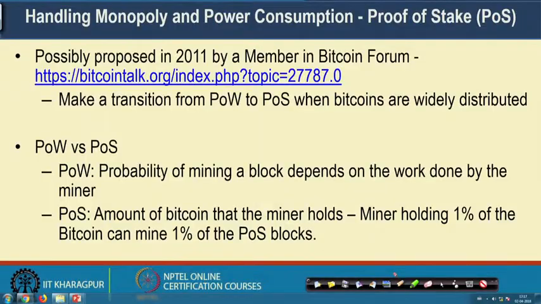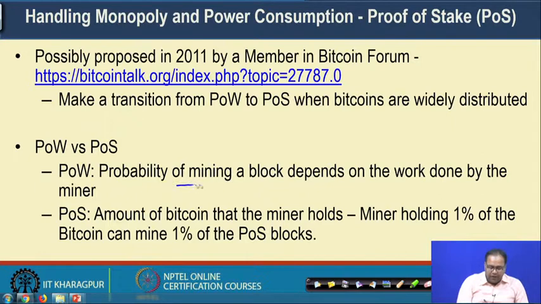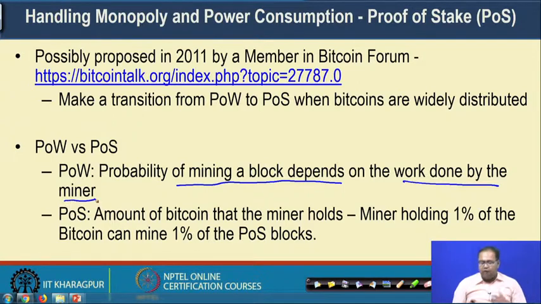Now, the broad difference between a proof of work based system and a proof of stake based system is as follows. In proof of work, the probability of mining a block depends on the work done by the miner. If the miner has huge computing resources and can do a huge amount of work, the probability of getting a new block increases.